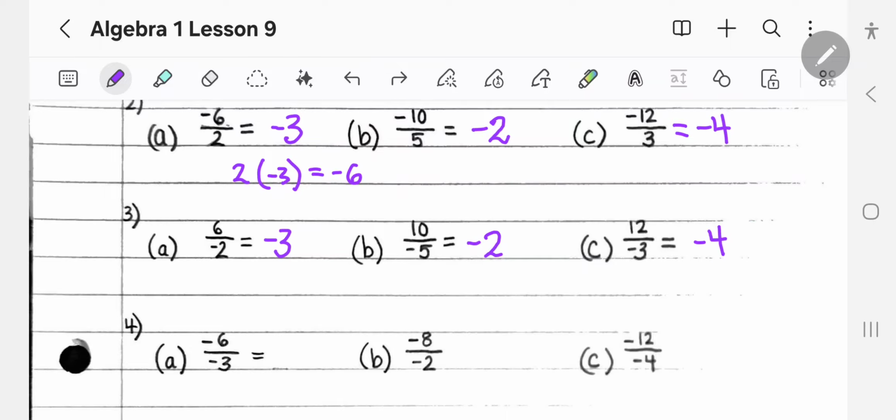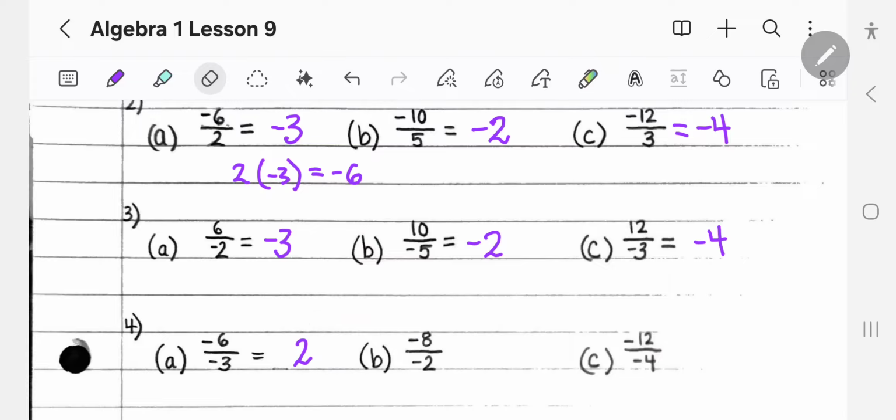Let's look at 4. A negative divided by a negative. What are we going to do there? Well, we learned before that when we have a positive times a negative, we get a negative, right? So kind of the same thinking that we used just a minute ago, we can use to figure these out as well. So let's just look at their absolute value. 6 divided by 3 is 2, but I know that this number times this number has to give me this number. So let's see, does it do that? Positive 2 times negative 3, yes it does. It gives me negative 6.